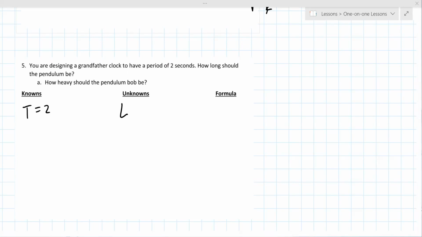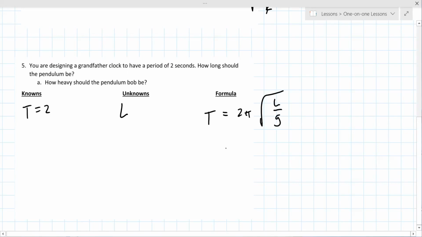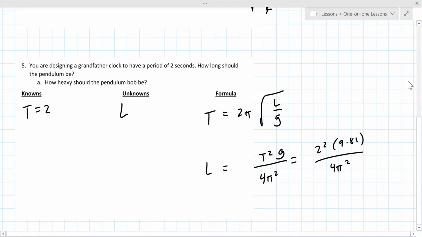One of them has just L: T equals 2 pi square root L over g. When you solve this for L, L equals T squared g over 4 pi squared. And you have all these quantities: 2 squared times 9.81 over 4 pi squared. So just get those into the calculator.